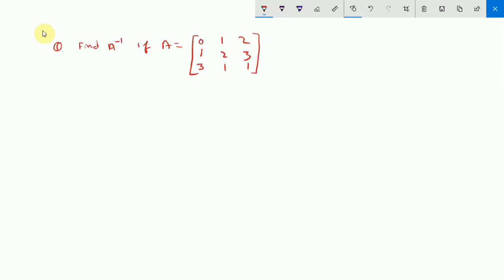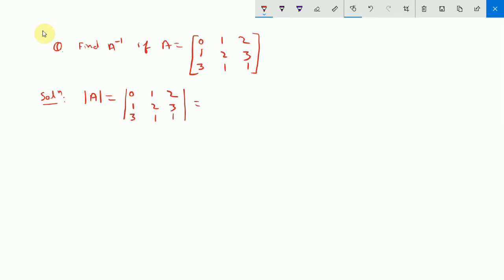So how will we proceed here? A is the given matrix, so we will first calculate the determinant of A and check whether it is a singular or non-singular matrix.